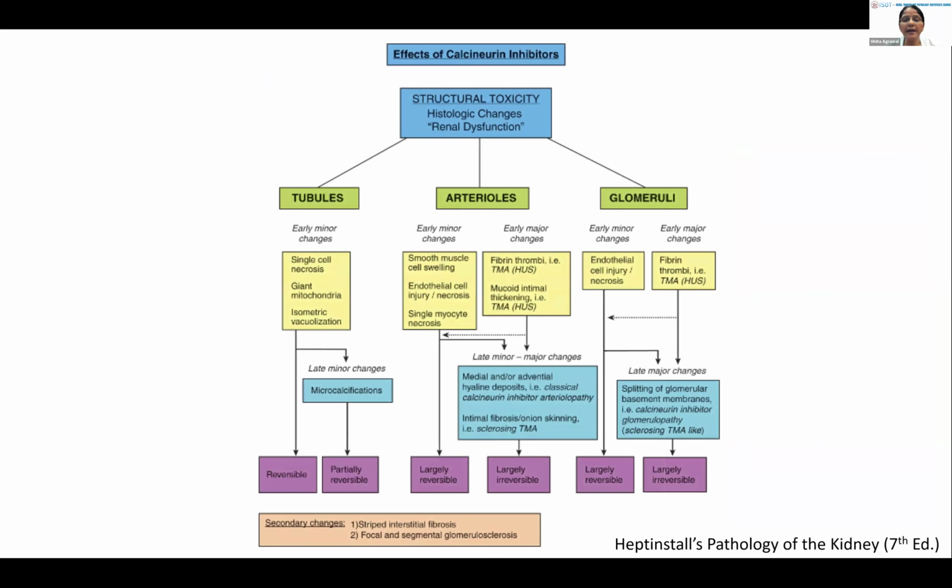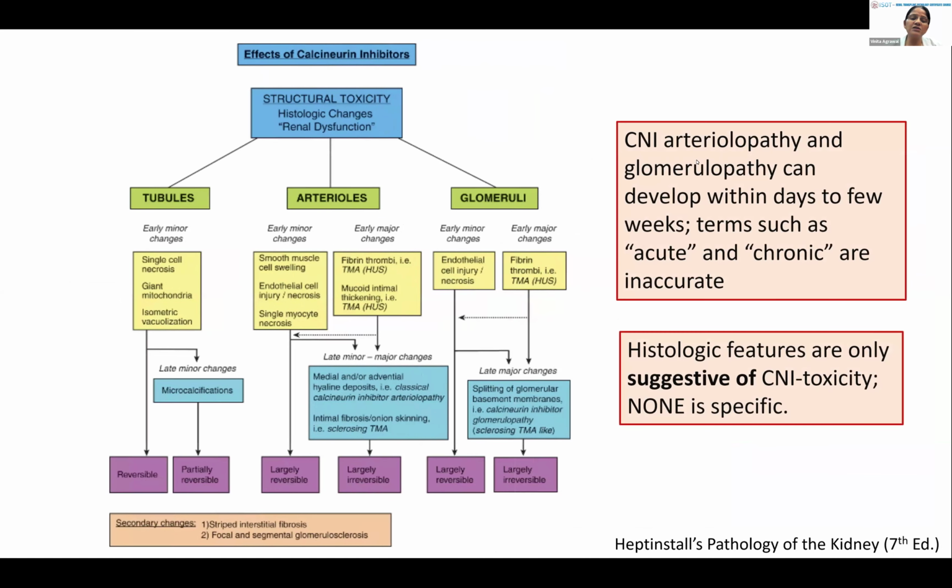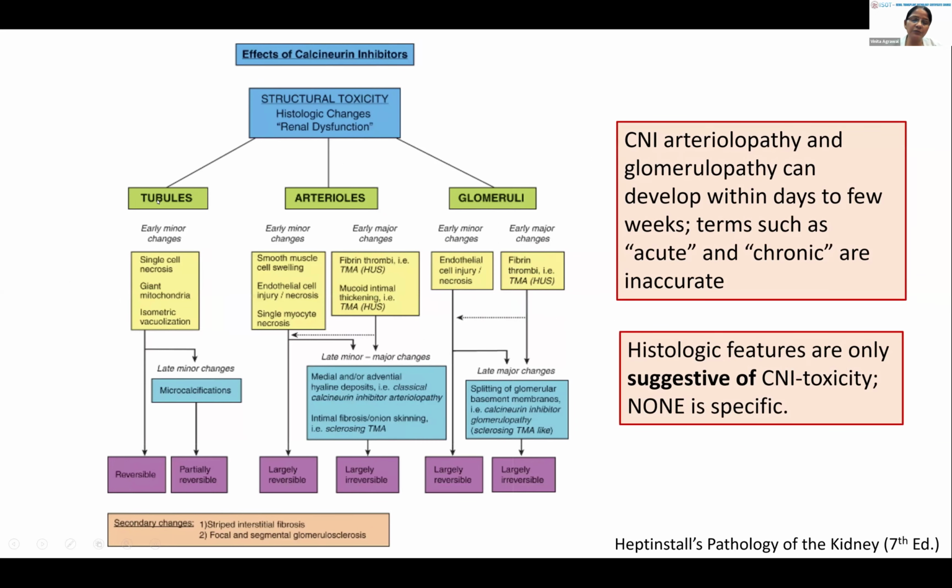When you look at the effects of these calcineurin inhibitors, they cause both structural and functional toxicity. Functional toxicity is related to the vasospasm that is caused on the arterioles. The structural toxicity is something a pathologist looks at. The histological changes which can occur in the tubules can be early minor changes, which are basically because of single cell necrosis.